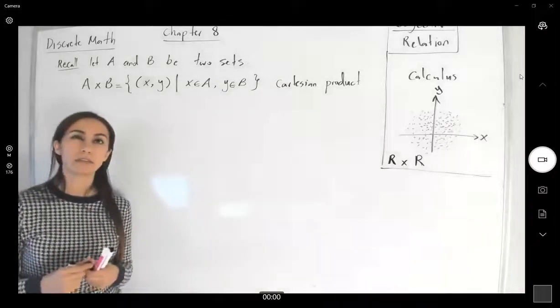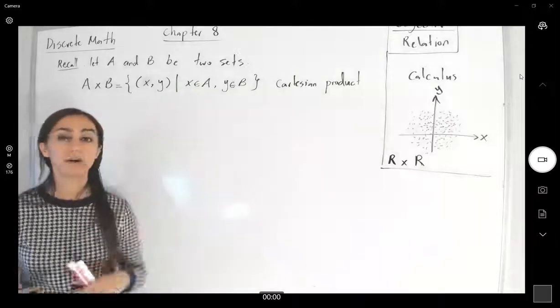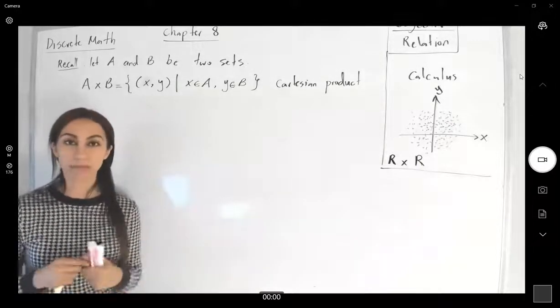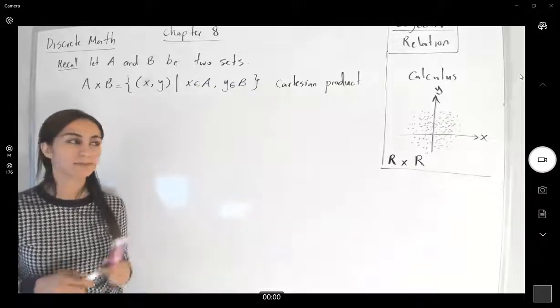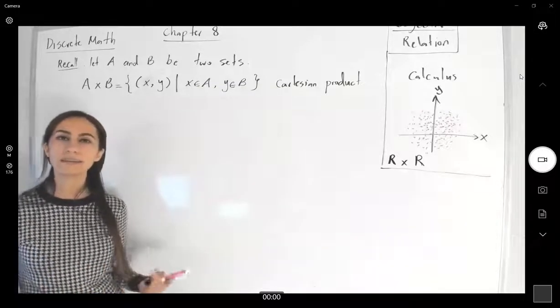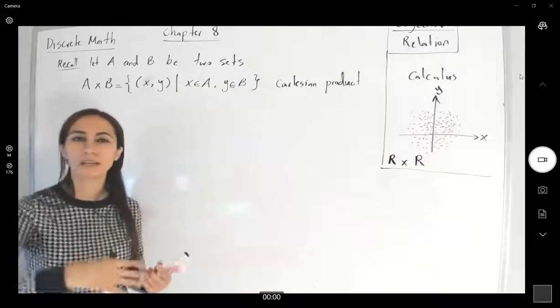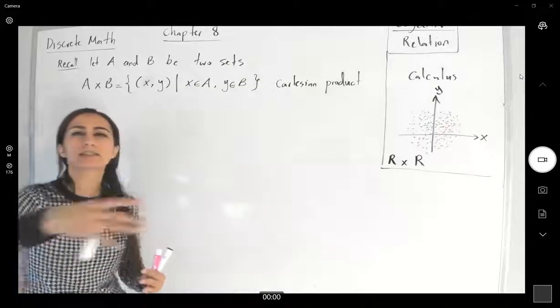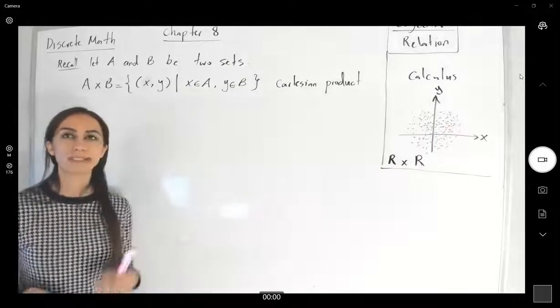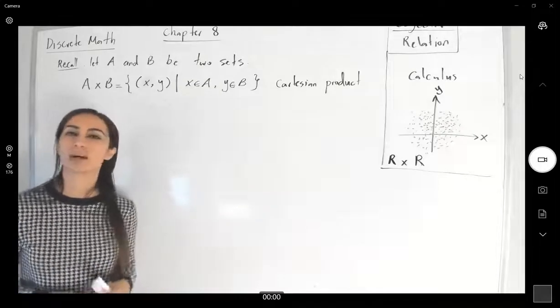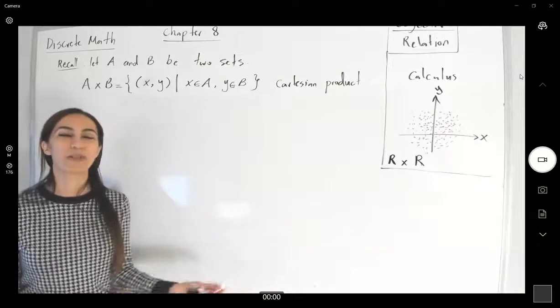Remember that. We said, okay, now that we have points, ordered pairs in the plane, we can take some sub-collection, a subset of these points, and define something that we call a relation.